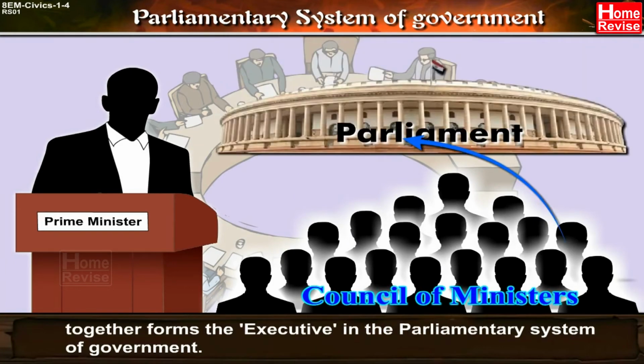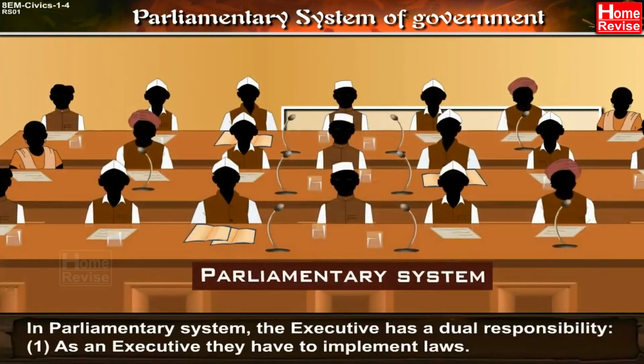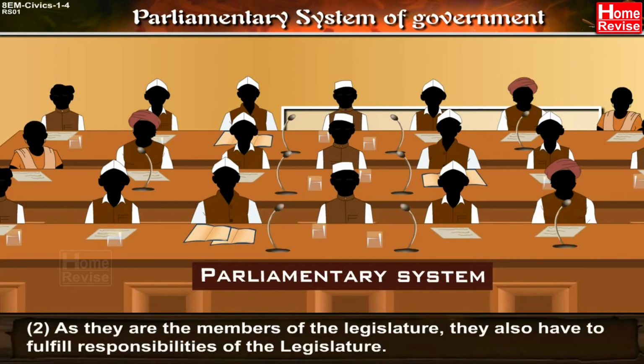In the parliamentary system, the executive has a dual responsibility. 1. As an executive, they have to implement laws. 2. As they are the members of the legislature, they also have to fulfill responsibilities of the legislature.